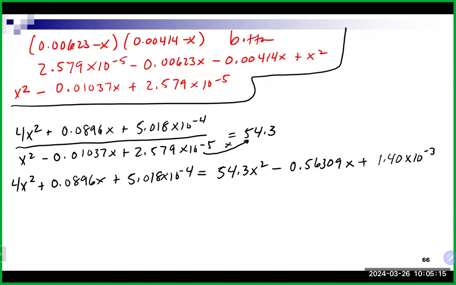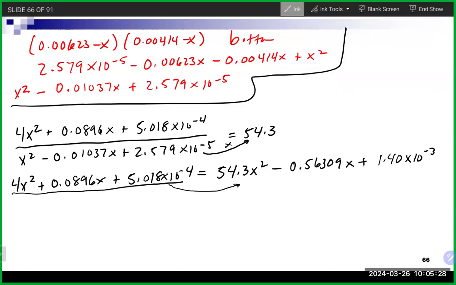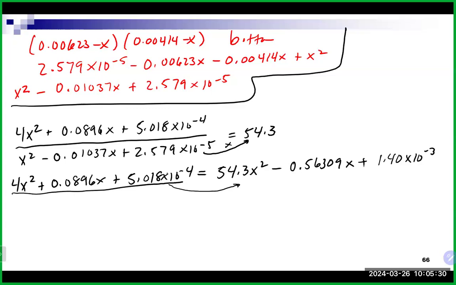All right, lastly, we're going to bring everybody to one side. So I'm just going to choose to take everybody on this side and bring it over to this side just to keep the x squared positive. Again, you don't necessarily have to do that, but we'll do it in this case.